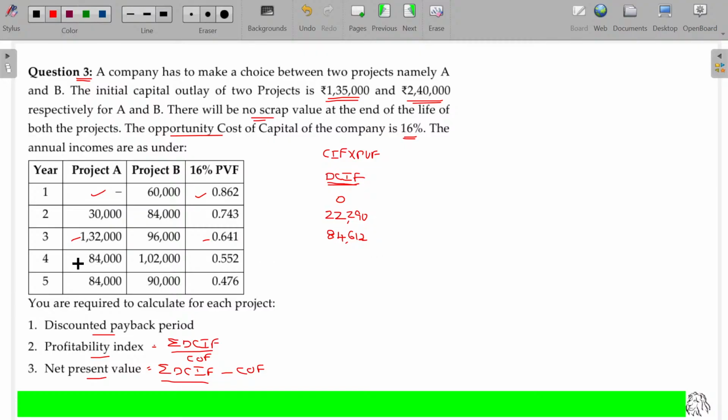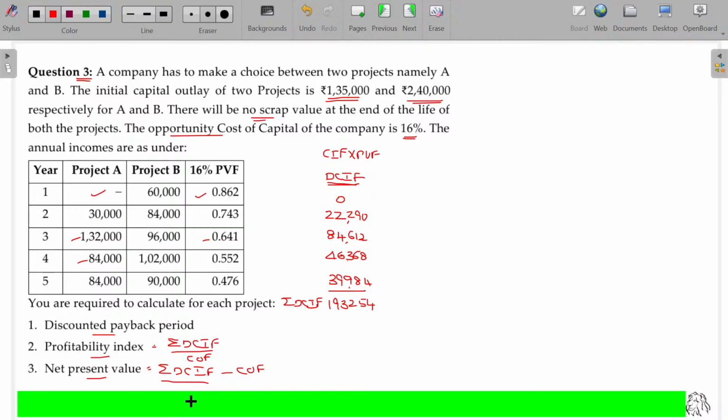Next, 84,000 into 0.582, the answer being 46,368. The last one, 84,000 into 0.476, the answer being 39,984. The overall value is 1,93,254. This is nothing but the summation of discounted cash inflow.